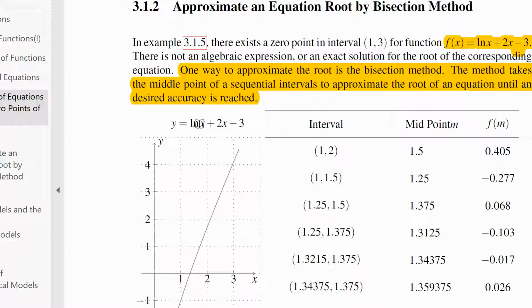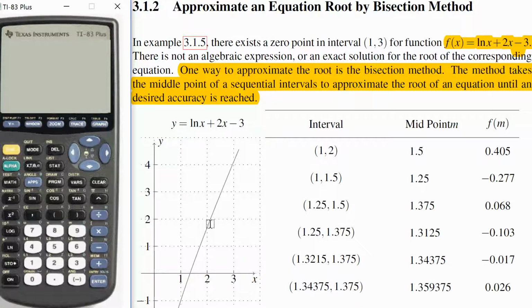For example, right here, we have y equals natural log x plus 2x minus 3. And then we know clearly the 0 point is between 1 and 2 from the graph. How do you draw the graph?